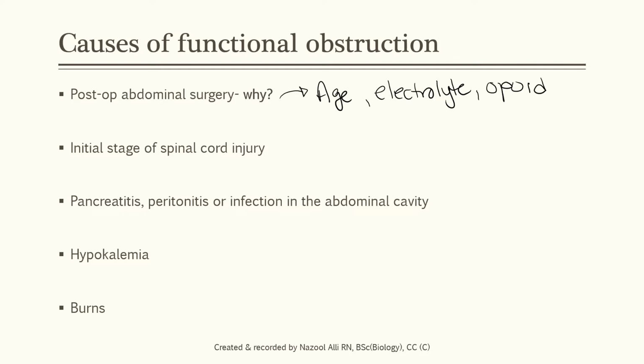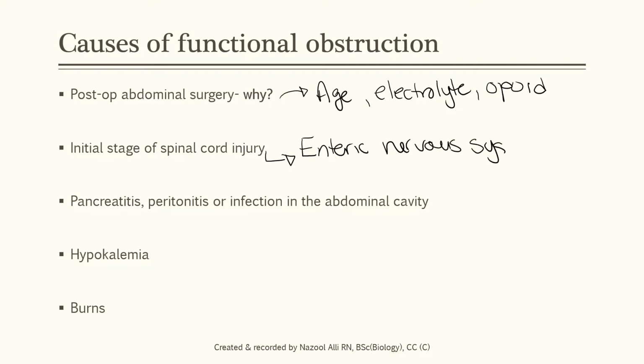Initial stages of a spinal cord injury. With spinal cord injury, always remember that within the GI tract, we do have the nervous system, often referred to as the enteric nervous system that innervates the GI tract.